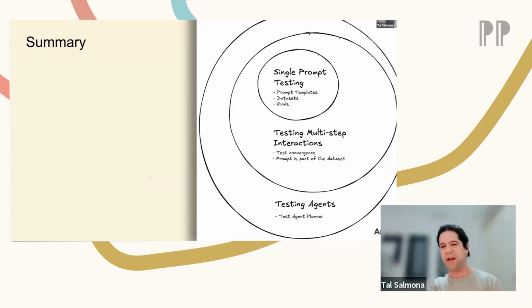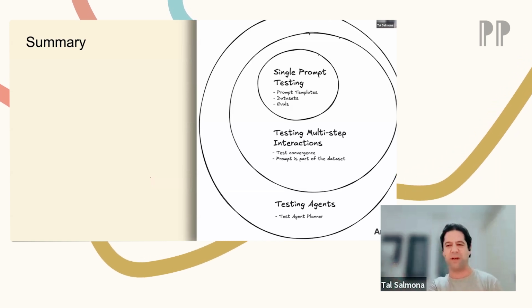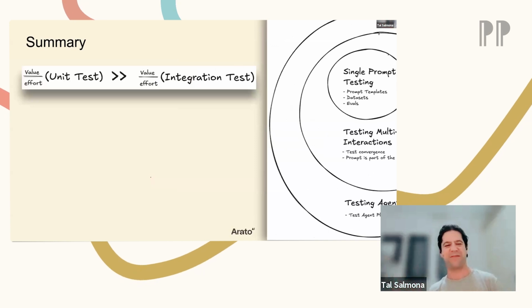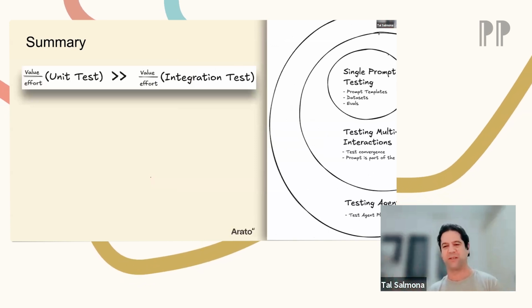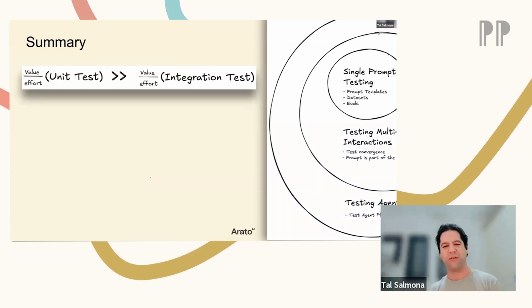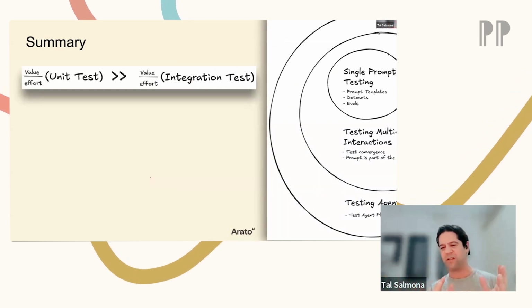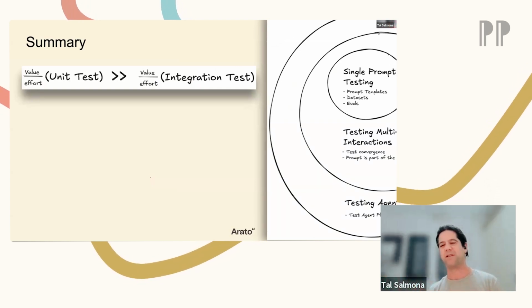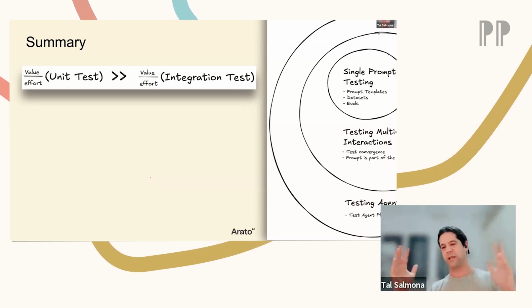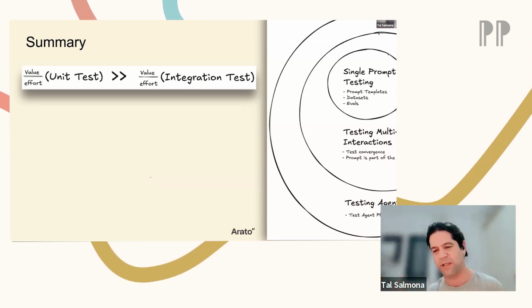I think the main takeaway that you should have from this is, and this is a rule in testing in general, not just for LLMs: the value to effort of testing a unit or a smaller piece is normally much, much higher than the value to effort of testing the integration of an entire system.